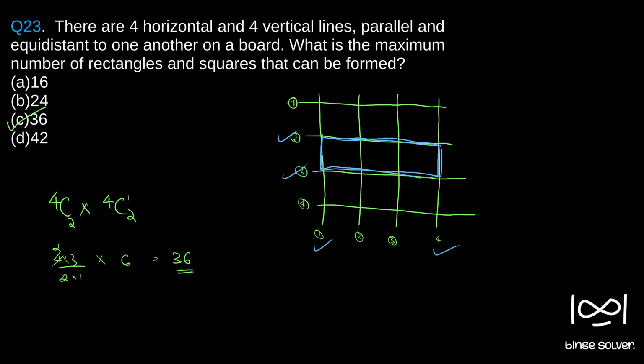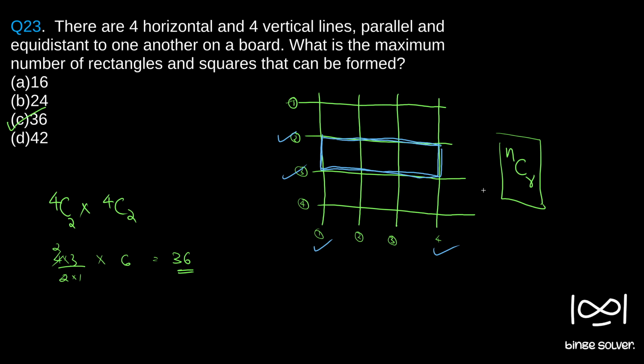And if you are not familiar with combinations and permutations, or if you are not familiar with the formula nCr, like for combination it is nCr, I will soon upload a video on permutation and combination. You can find that video on the playlist, the basic mathematics concept.